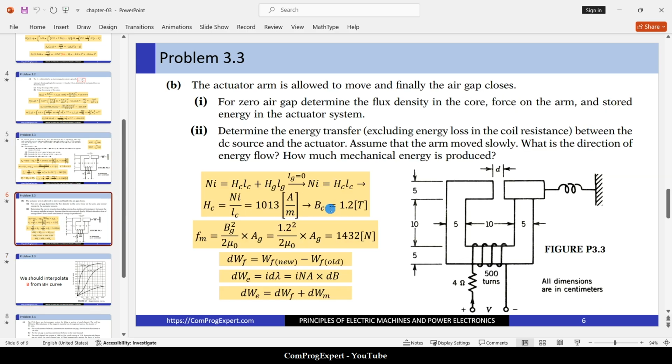So in this case, we have B core. Again, we can calculate the force using this important equation, B to the power 2 divided by 2 times mu 0 times the cross-section area. That is this one. Okay, 1432. This number that we have here.